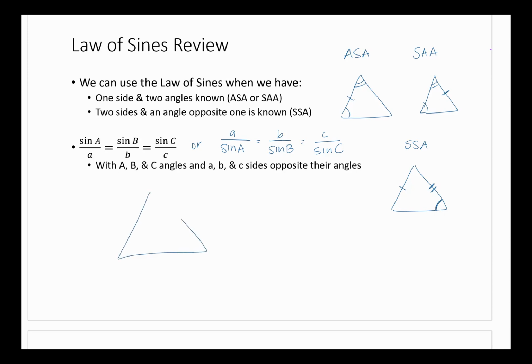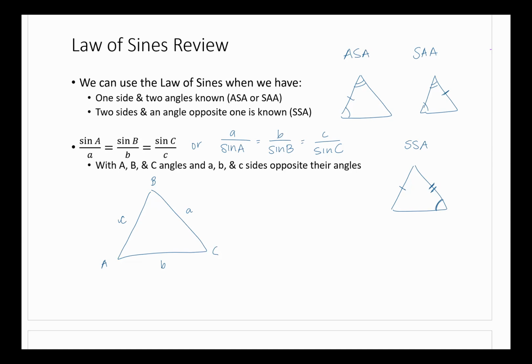So when we have our triangle, I'm going to write down three angles, A, B, C. Across from angle A is little a, across from angle B is little b, and across from C is little c.